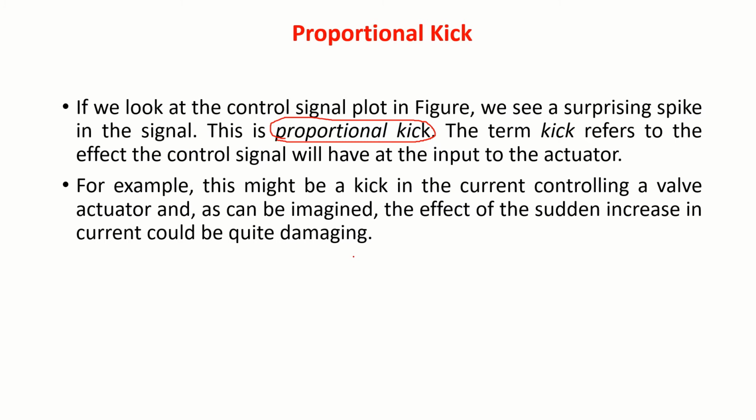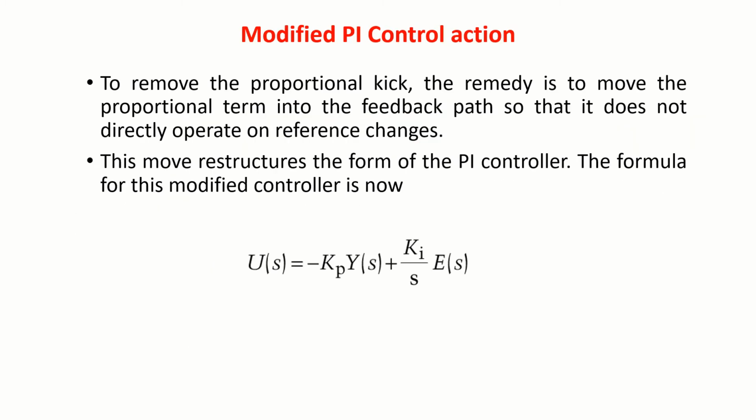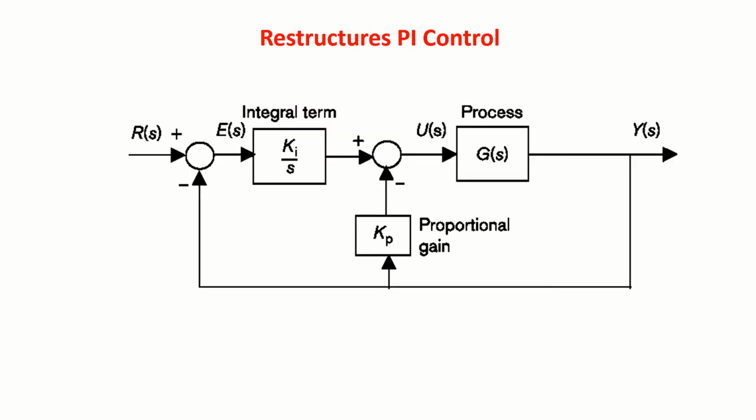This kind of thing we call proportional kick. Now this can be removed. Suppose I make only the error signal act on the integral controller, and the feedback act on the proportional gain like this.